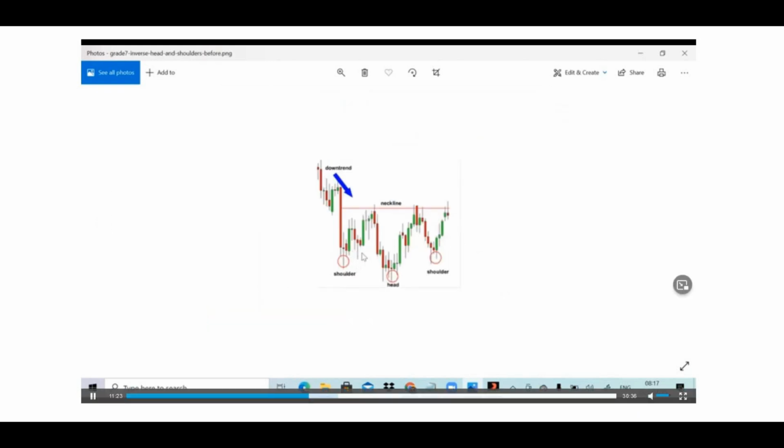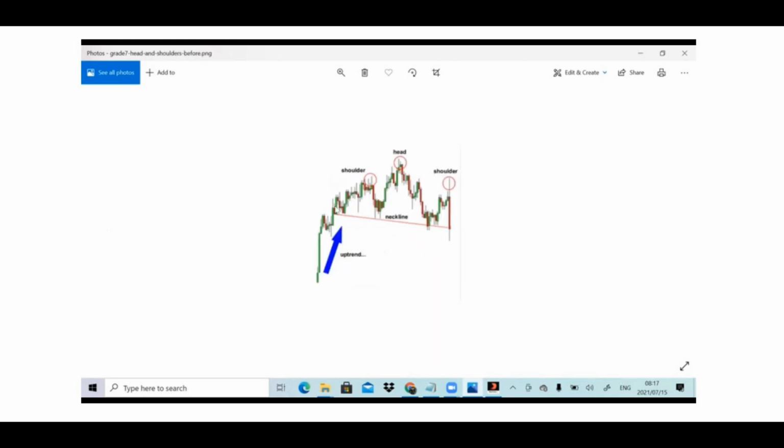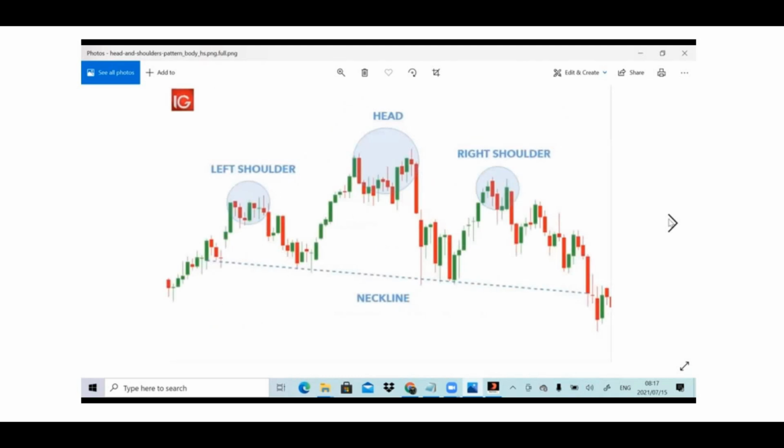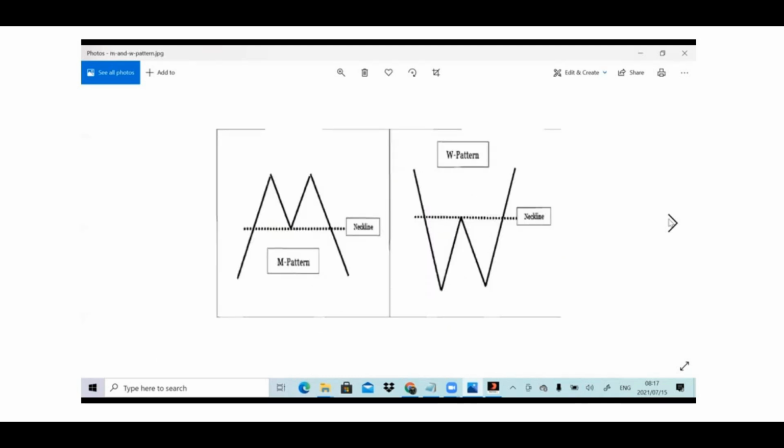Here's one. Then a shoulder there, a head, shoulder right there. Shoulder, head, shoulder. Those are the things that we usually look at, or we spot.